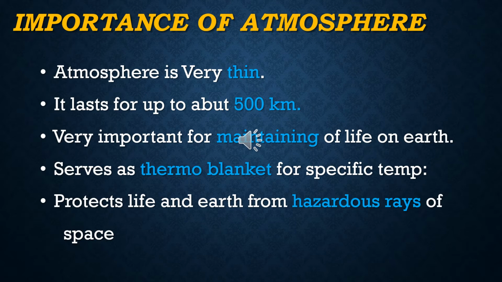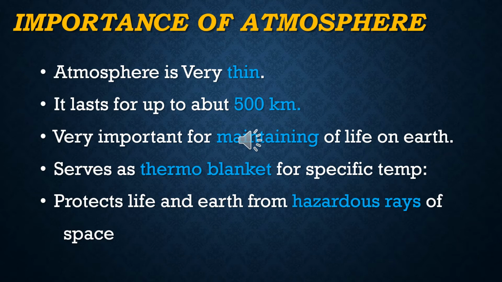But something you should remember is that it doesn't have any specific boundary, that from this area to this area there is atmosphere. No, after 500 kilometers, when we go away from the Earth, it slowly becomes thin, and it is spread all over the Earth, and finally fades into outer space. It goes to outer space.